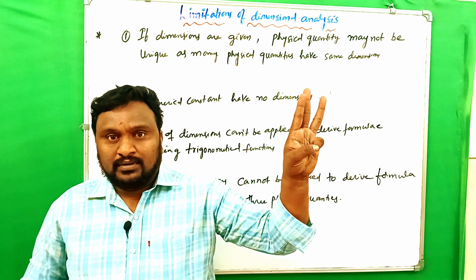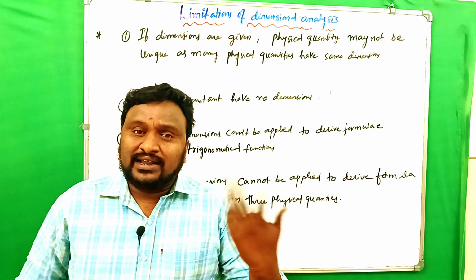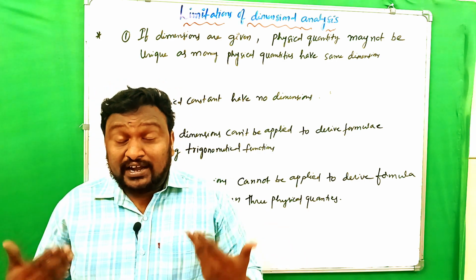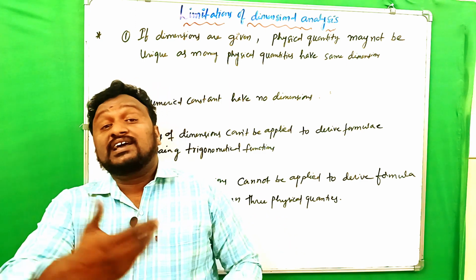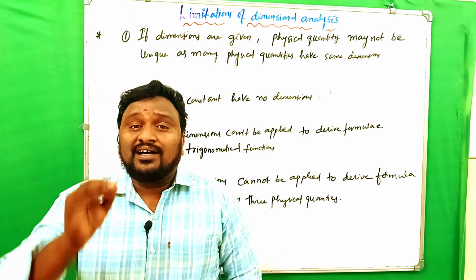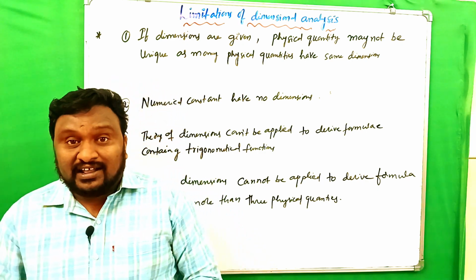If any physical quantity depends on more than 3 or 4 quantities, then it is very difficult to establish the relation between different physical quantities. So these are the main demerits or limitations of dimensional analysis.